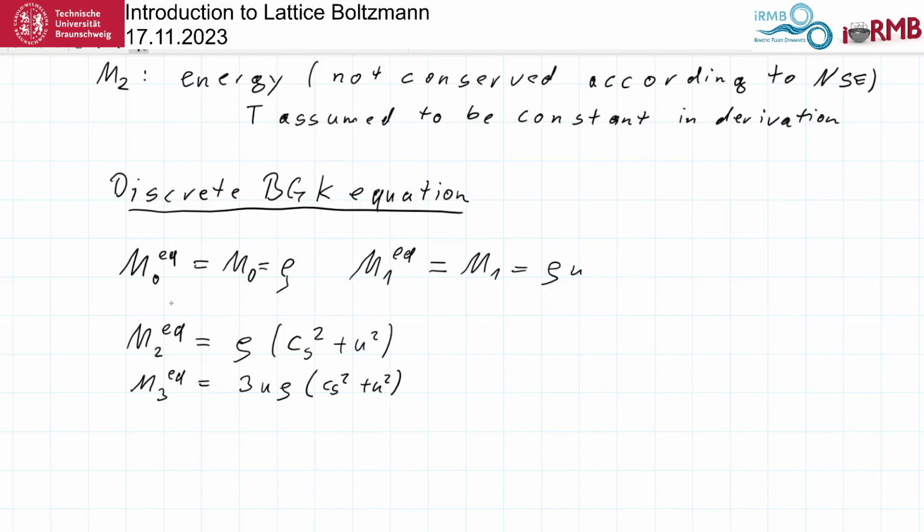Okay, so this is how we derived it. Now, this is something that we do not have control over, unfortunately, because we have this moment aliasing.